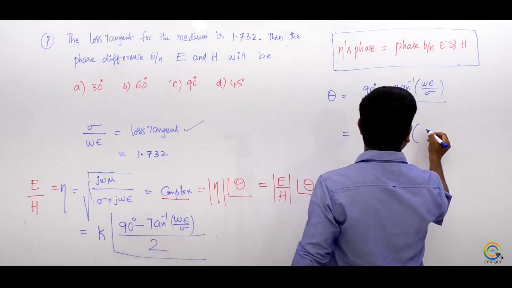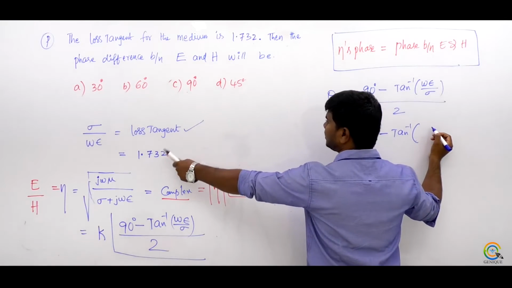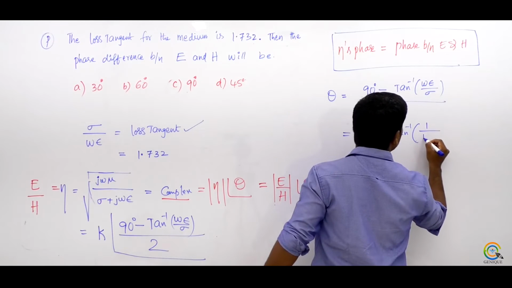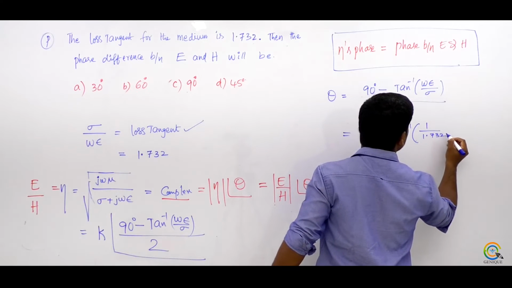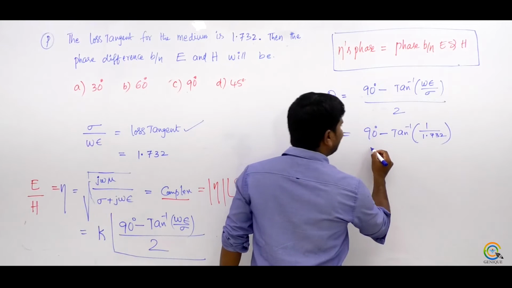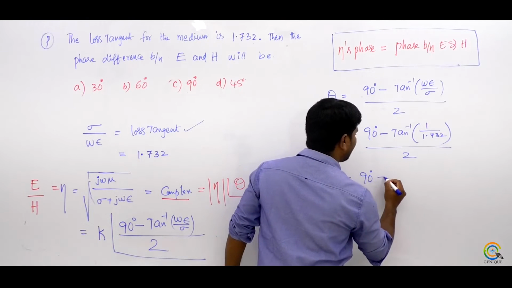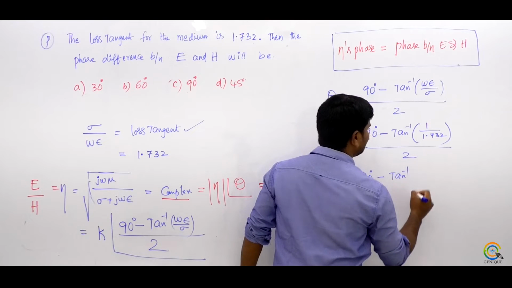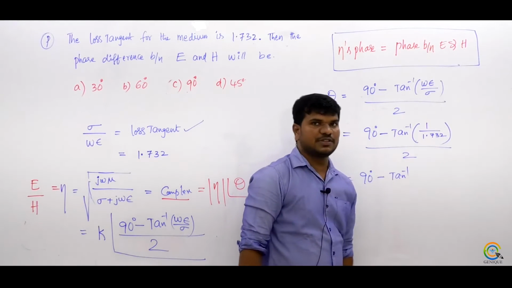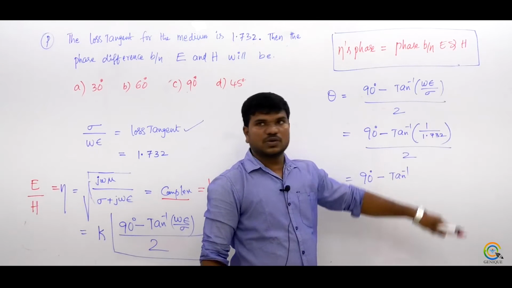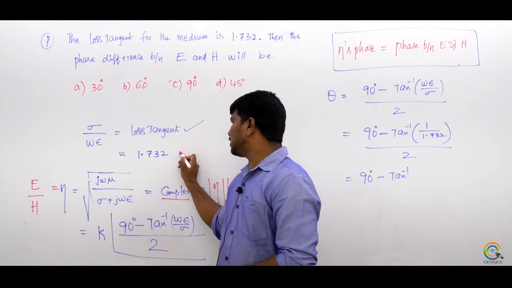So from this I can write 1 divided by 1.732, divided by 2. So this is equal to 90 degrees minus tan inverse 1 divided by 1.732. 1.732 is nothing but root 3.